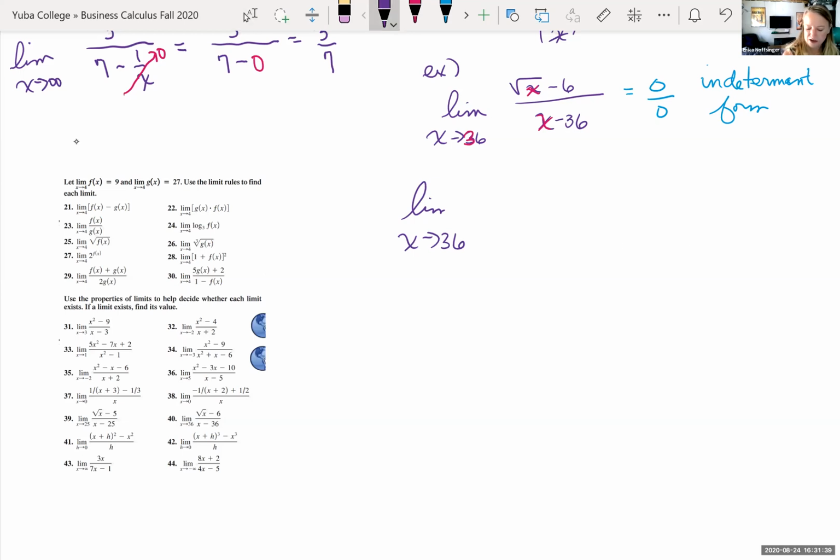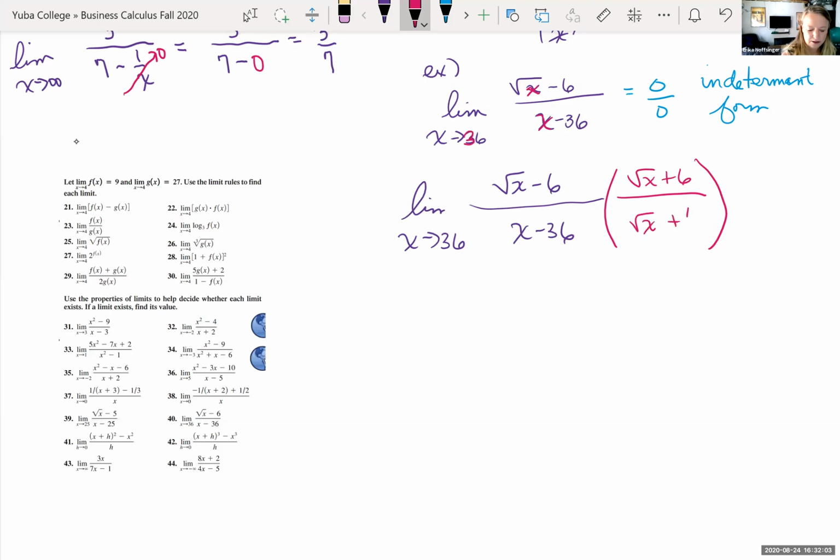I notice I have a radical in here, so we can use what we did in the warm-up earlier today. So if we rationalize this numerator and we multiply this by a fancy one, which would be the conjugate of whatever square root of x minus 6 is. So the conjugate is square root of x plus 6. So I'm going to use the rule. This is a difference of squares.